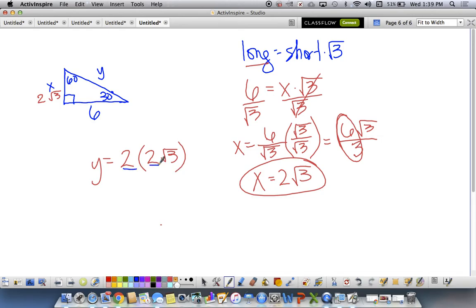If you have constant numbers, you multiply them together. We only have the coefficients. So can we multiply that together to be what? 4 root 3. So y equals 4 root 3.